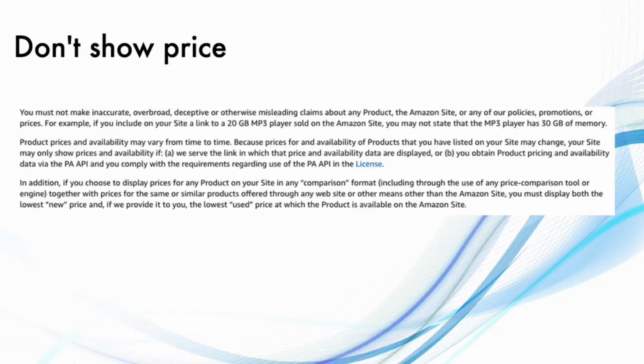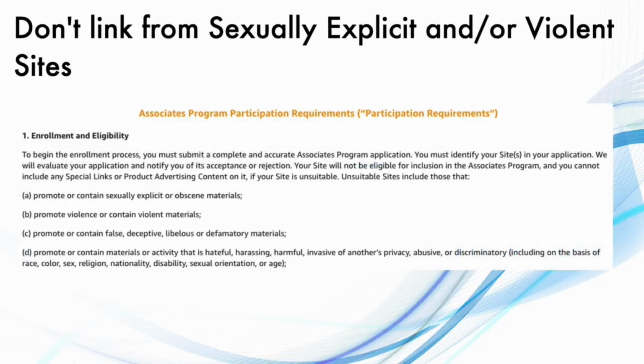The fourth thing to remember is don't link from sexually explicit or violent sites. You might have a guns website or something related to sexual education or anything which promotes violence. You might be participating in a Facebook group which is about some hatred or violence, and you might share your Amazon affiliate link.